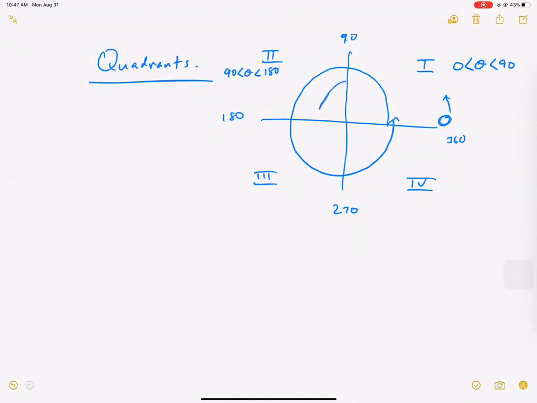So we're stuck here. 90 degrees is up here, and we're coming over to 180. That's quadrant 2. Quadrant 3 is 180 to 270, which is right here. Any angle stuck between. And quadrant 4 is 270 to 360.